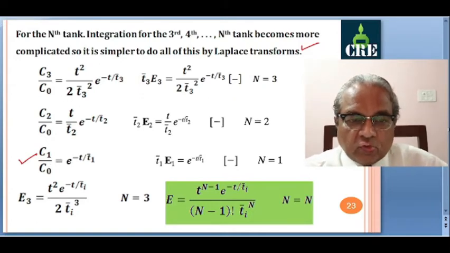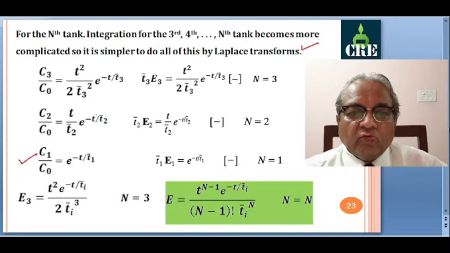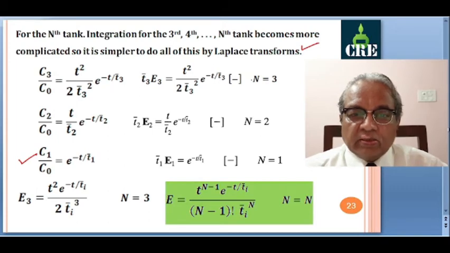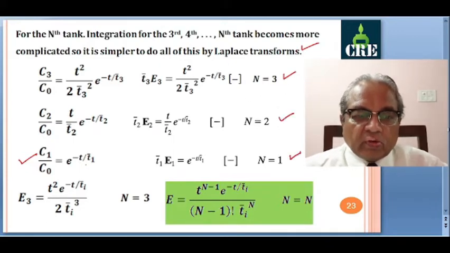Okay. So we want to write now for nth tank. T3 E3 will be this right hand side, T square by 2 into T3 bar cube multiplied by e raised to minus T by T3 bar. This is again dimensionless for n is equal to 3. So we have for n is equal to 1, n is equal to 2 and n is equal to 3.